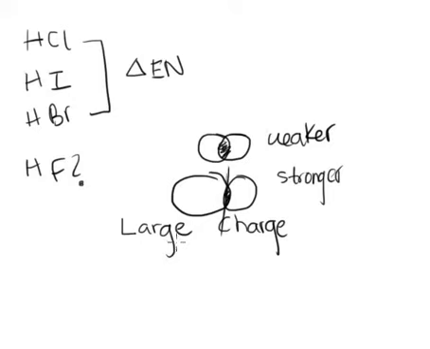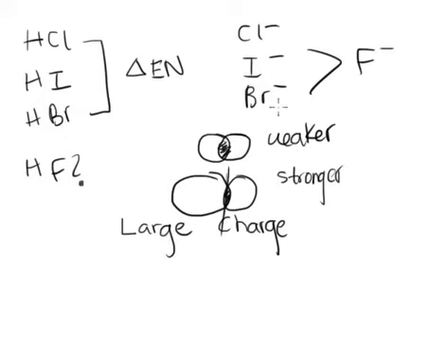Another thing also, if you learn organic chemistry, you have all these really complicated atoms. A good way to know whether something is strong is if the conjugate base is stable. So for these, Cl minus, I minus, Br minus are more stable than F minus, right? These are conjugate bases.